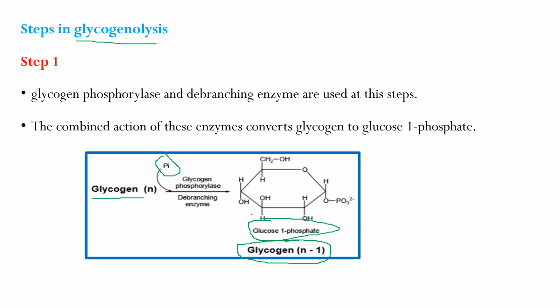This reaction is catalyzed by glycogen phosphorylase and debranching enzymes. The combination of these two enzymes detaches one of the glucose molecules from glycogen, and an organic phosphate is attached to the glucose molecule at carbon number 1.